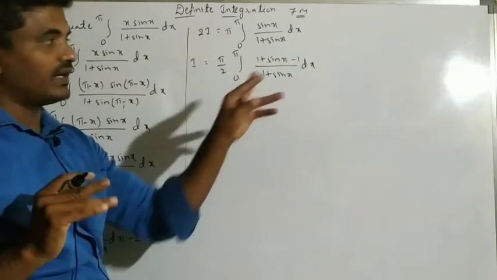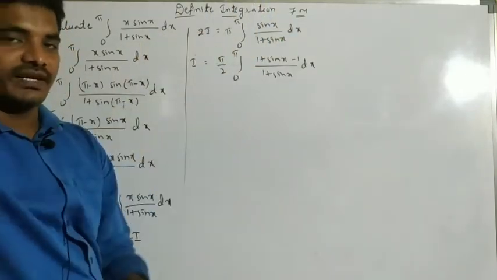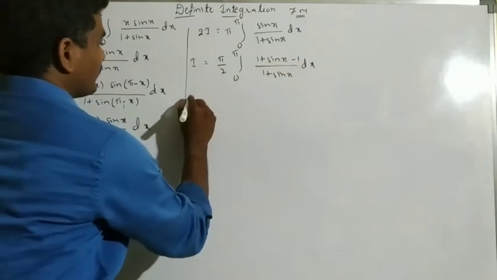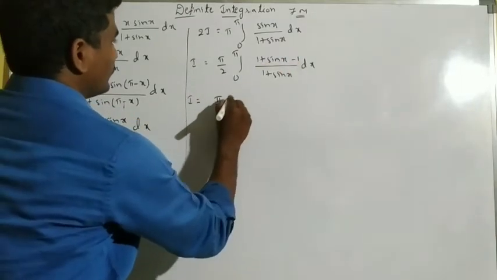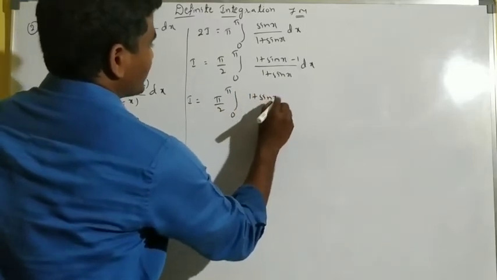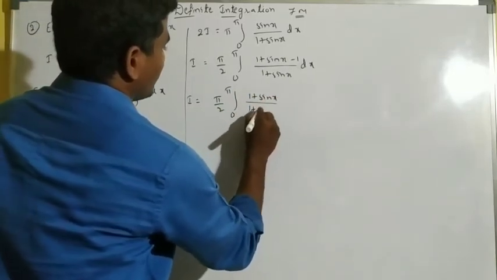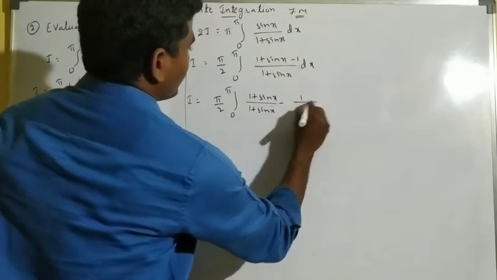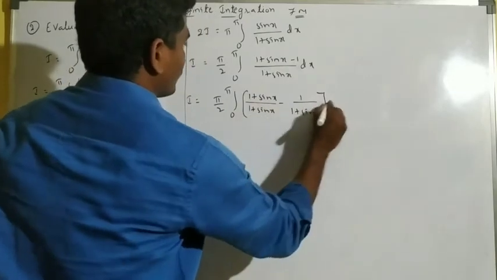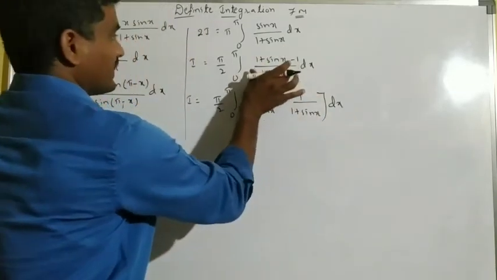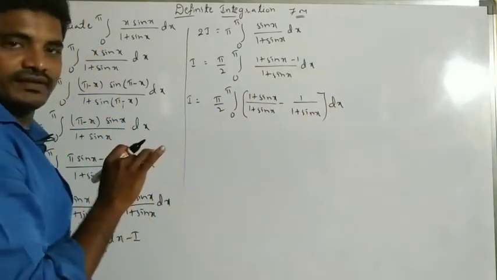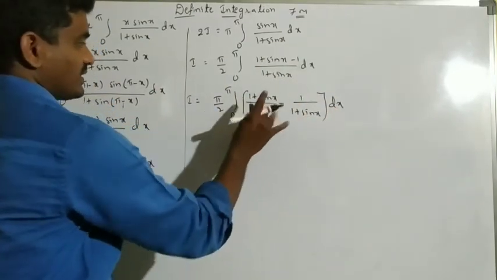Plus 1 minus 1 we can get the same sin x only. Plus 1 minus 1 gets cancelled, and sin x only is there here. And when I take separate here, I equals pi by 2 integral 0 to pi of 1 plus sin x by 1 plus sin x minus 1 by 1 plus sin x dx. 1 plus sin x by 1 plus sin x I am taking separate here, and minus 1 by 1 plus sin x. Here this both gets cancelled, so it becomes 1.